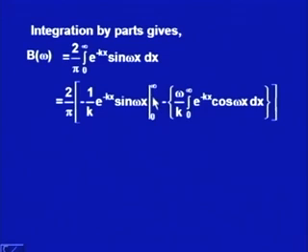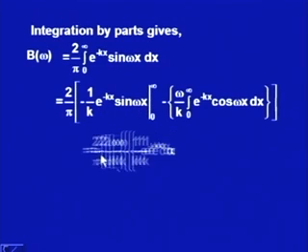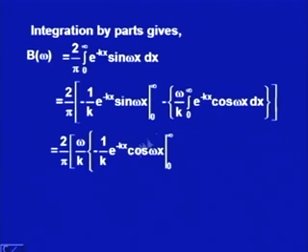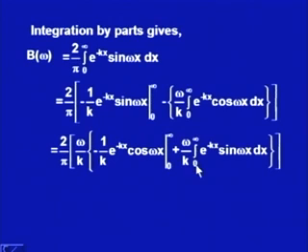Now, when we evaluate it, as x approaches infinity, e to the power minus kx approaches 0, so this value would be 0. At 0, sin omega x, that is sin 0, would be 0. So this gives us 0, and what is left is 2 upon pi omega by k times: minus 1 by k integral, again evaluating by parts, e to the power minus kx cos omega x evaluated from 0 to infinity plus omega by k integral 0 to infinity e to the power minus kx sin omega x.